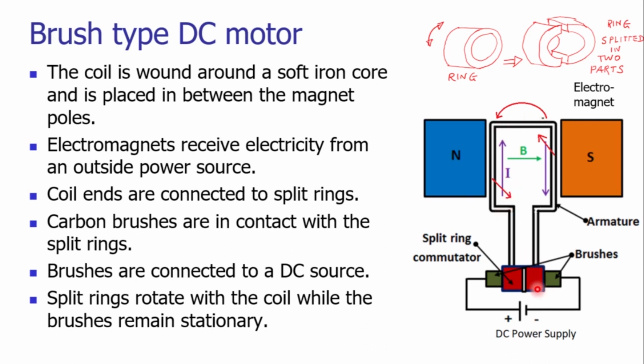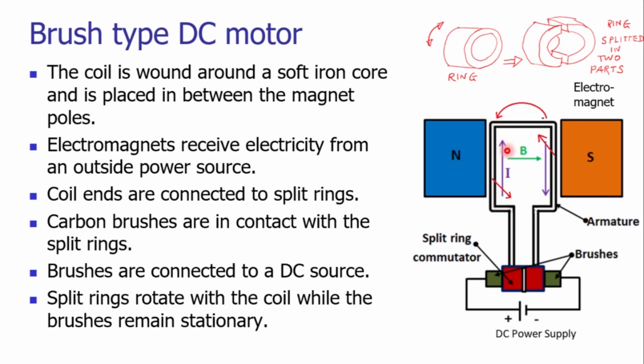Due to this rotation, there is a change in direction of the current. So this portion will come over here, and since the polarity is changed for this portion, we can call it the half portion.